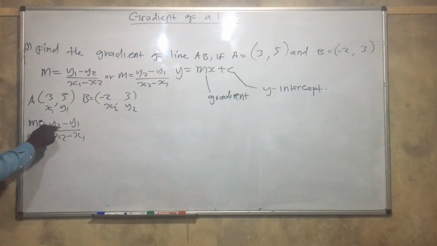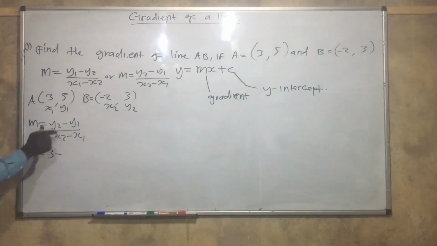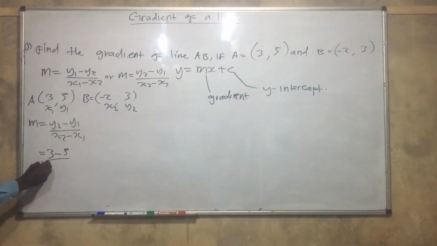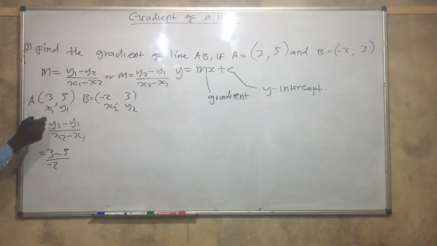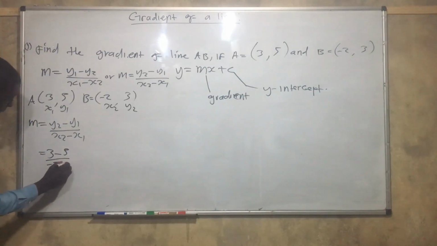So we are going to substitute using those values that we have there. Then we are going to say our y2 is 3 minus our y1 is 5, over our x2 is -2 minus our x1 is 3.